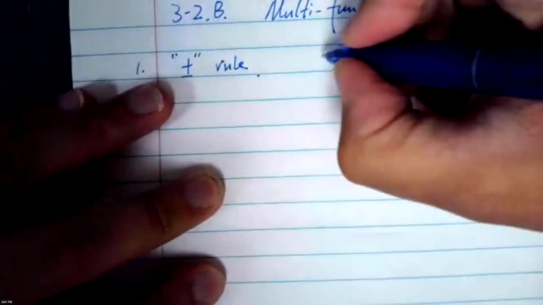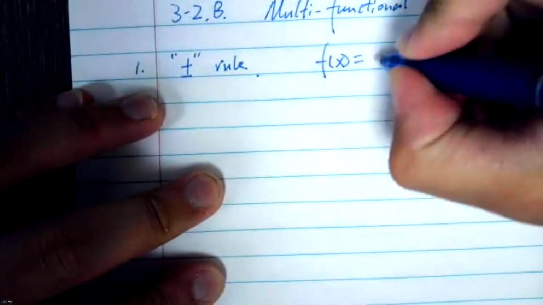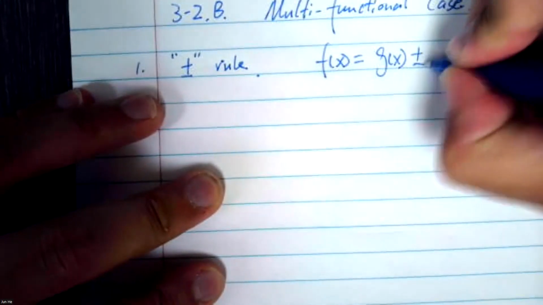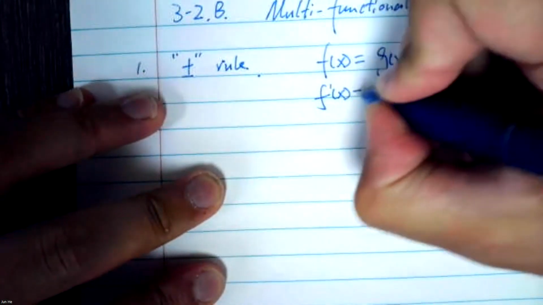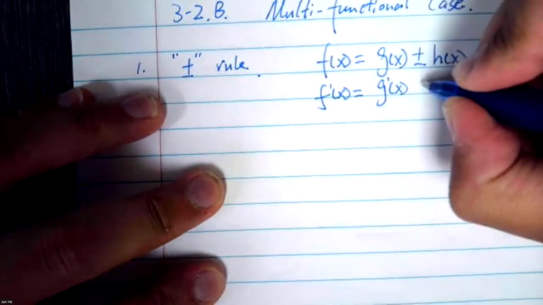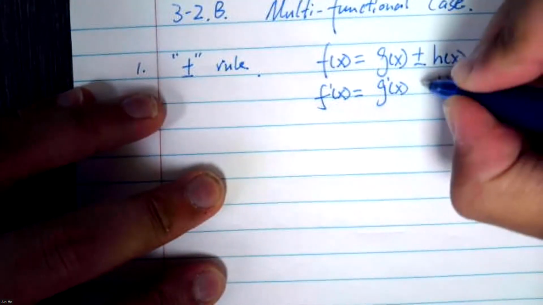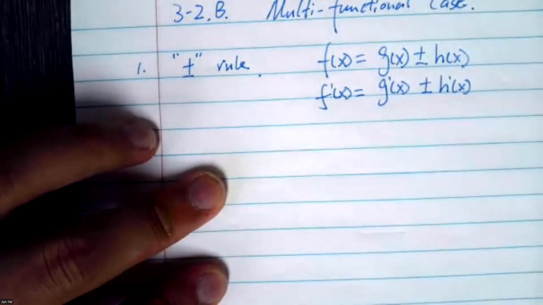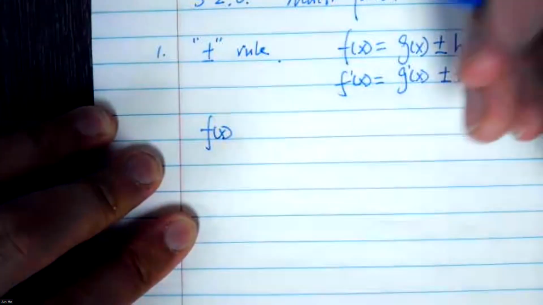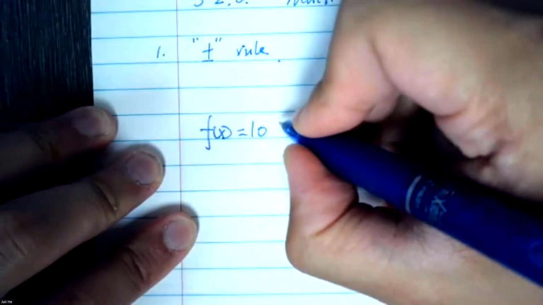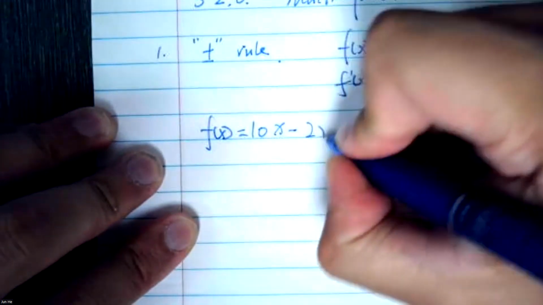So here, if f(x) equals a plus or minus result of two functions, then its derivative is just the derivative of these two components, and we keep the plus or minus operation. So now the one that I'm looking at is f(x) equals 10 times x minus 2 times x cubed.